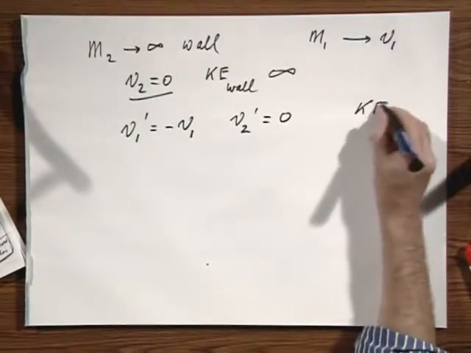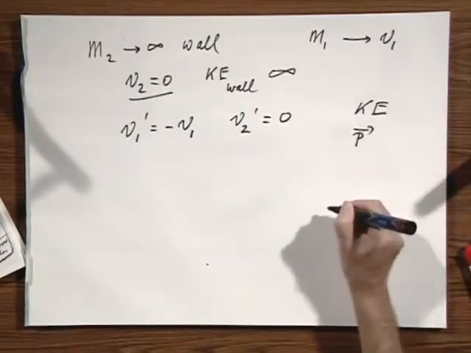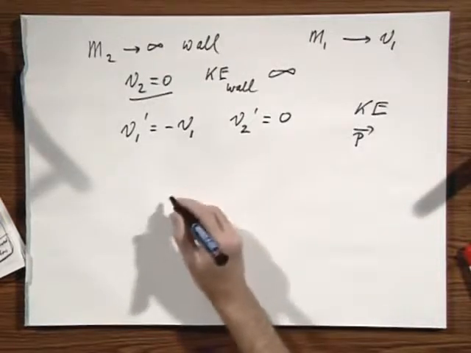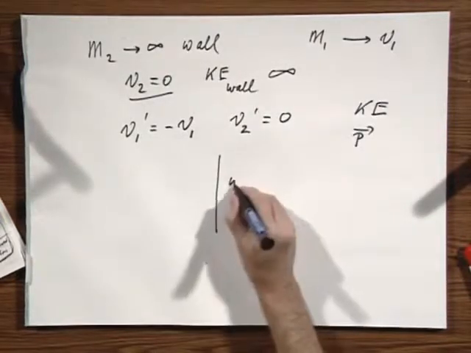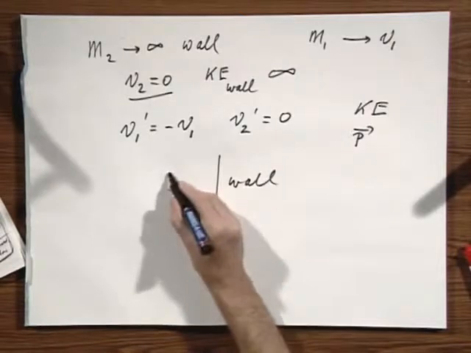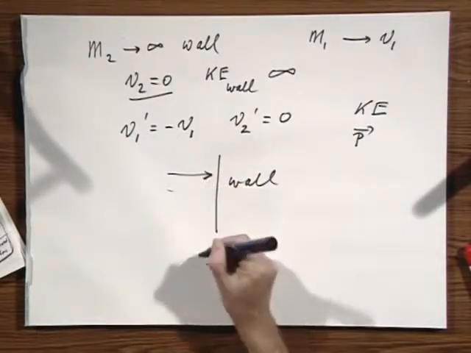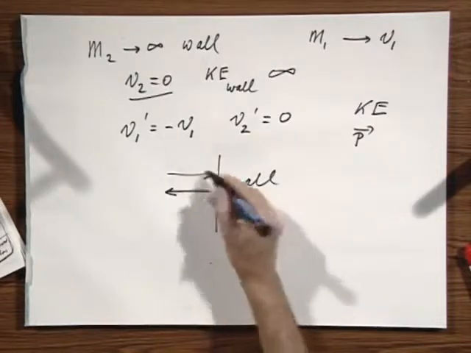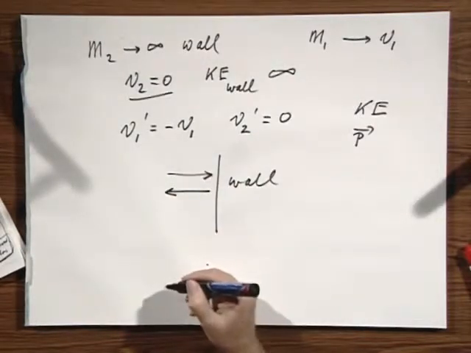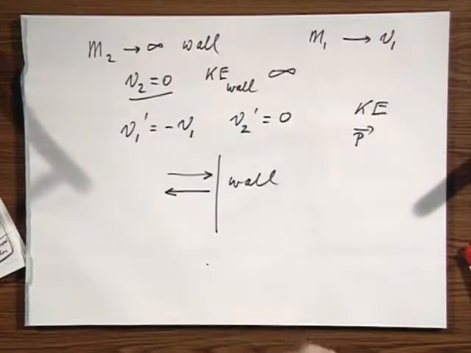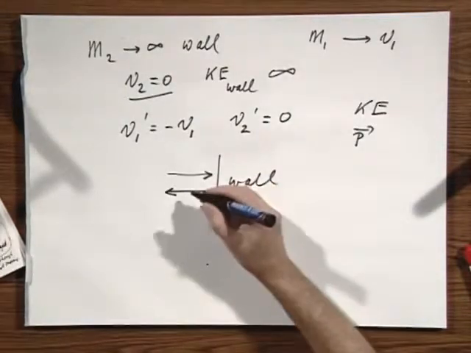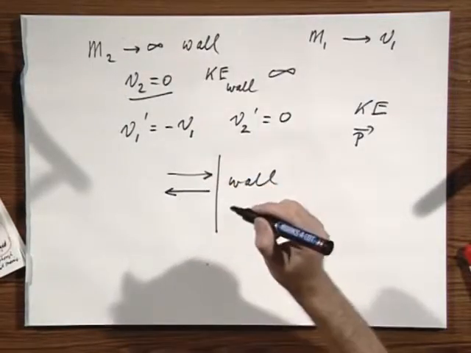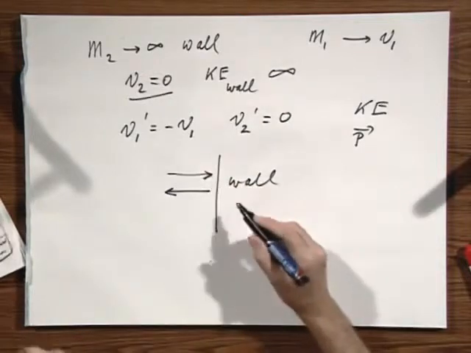Kinetic energy is conserved, and momentum is conserved. This is quite obvious, you would say. This is the wall. An object comes in here with a certain velocity, and it bounces back with exactly the same speed, but it reverses its velocity. Yes, this is very intuitive, but I want you to think about something.